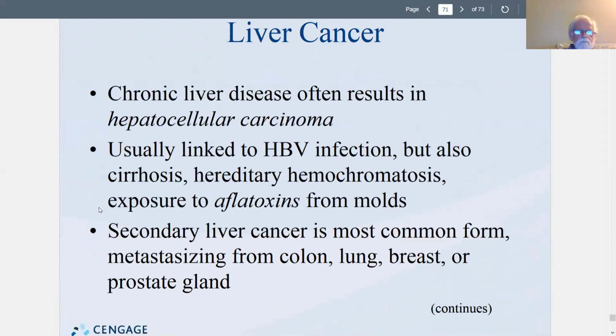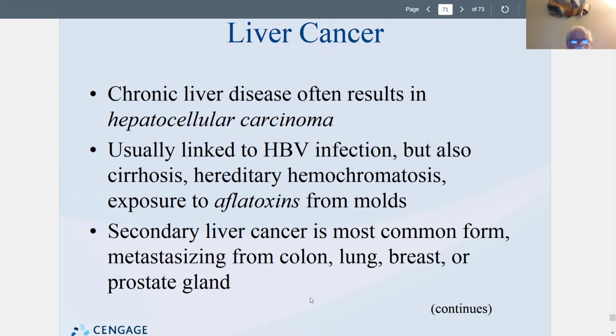Liver cancer, also known as hepatocellular carcinoma, is often linked to hepatitis B infection, but it can also come from cirrhosis, which we know can come from substance abuse and from exposure to environmental toxins, a disease known as hereditary hemochromatosis, or the aflatoxins from molds can cause liver cancers.